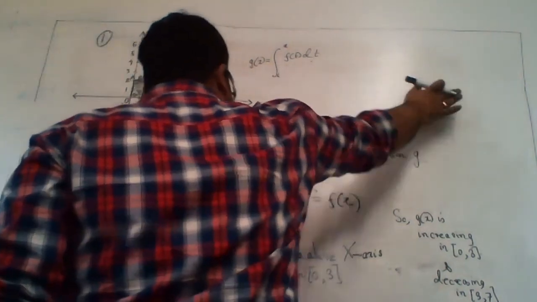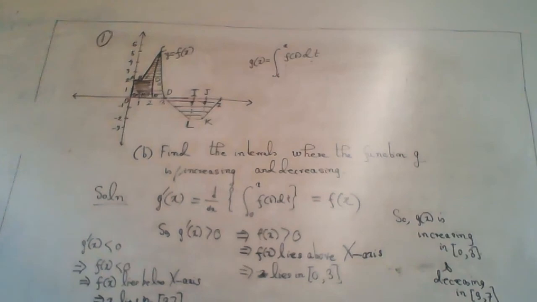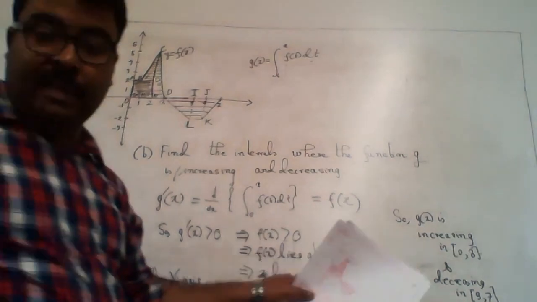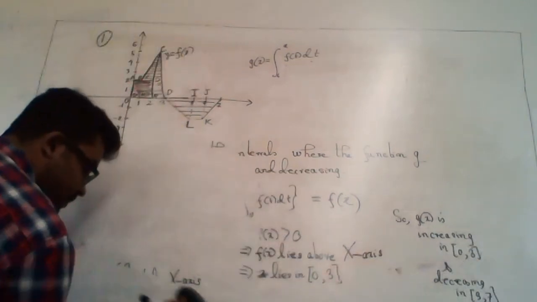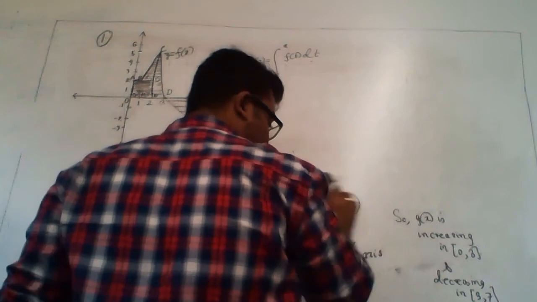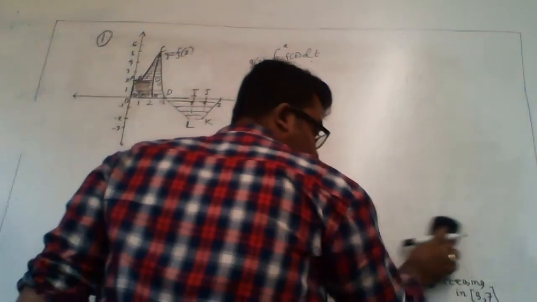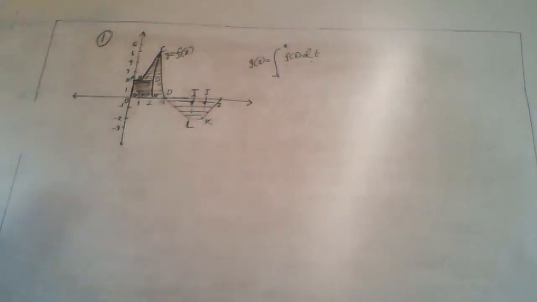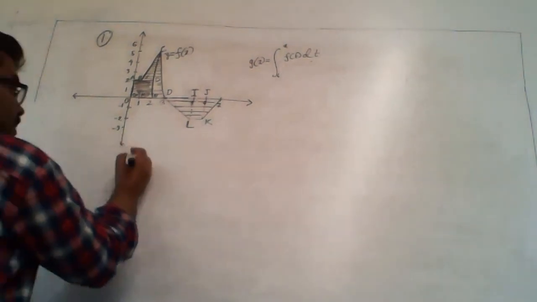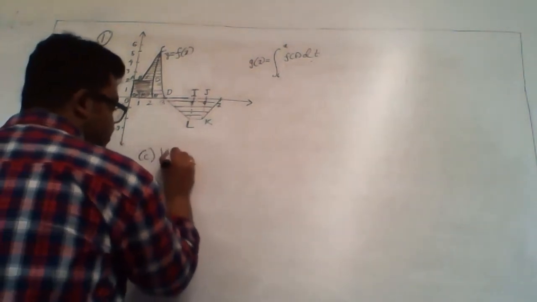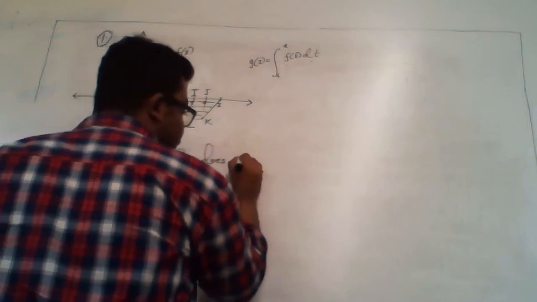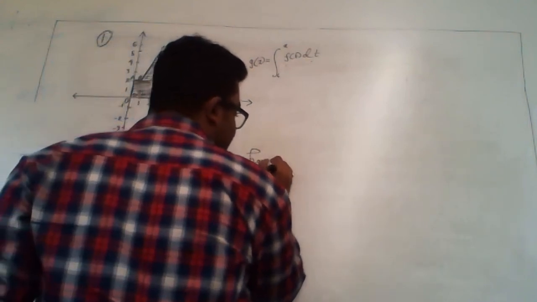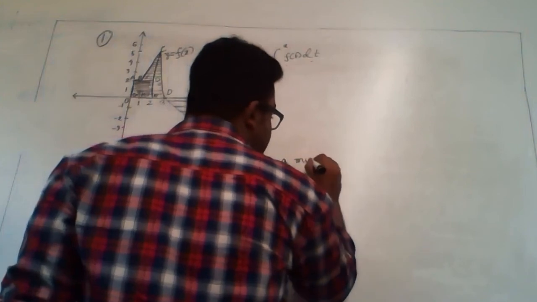Let me do it separately. Let me rub it. So we just have to remember this result, that the function g of x is increasing from 0 to 3 and decreasing from 3 to 7. So where does g have a minimum value?